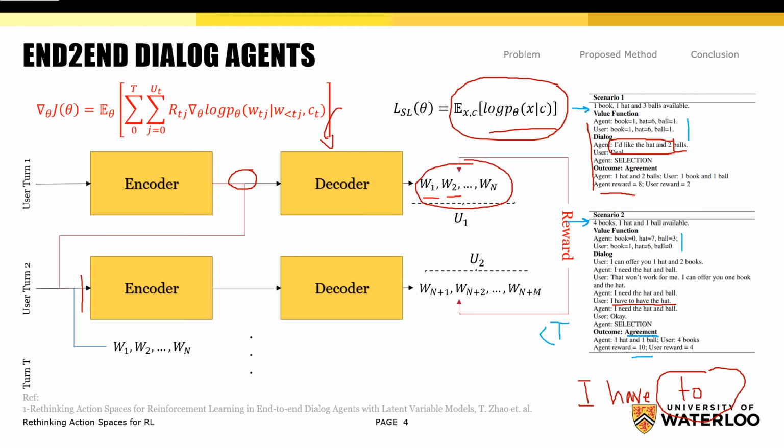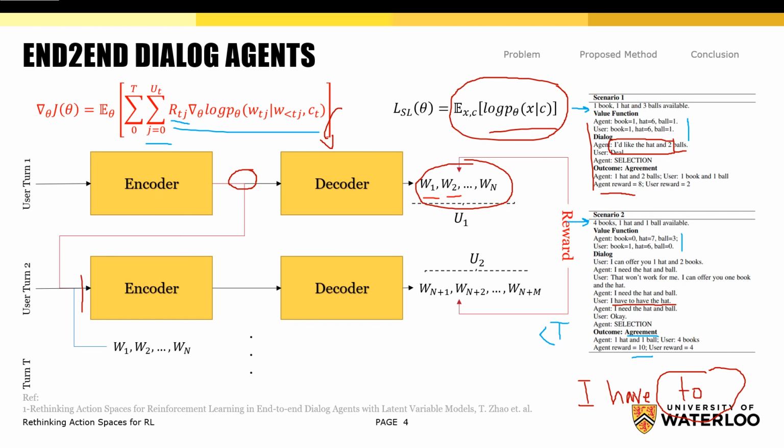Okay, so let's say that for T turns, and for each turn we know which words we have. Let's say that we have U1 words for the first turn, then you are going to calculate this term. As you can see here, we multiply the reward by the gradient of the log probability of the current word given all the previous words and the context.